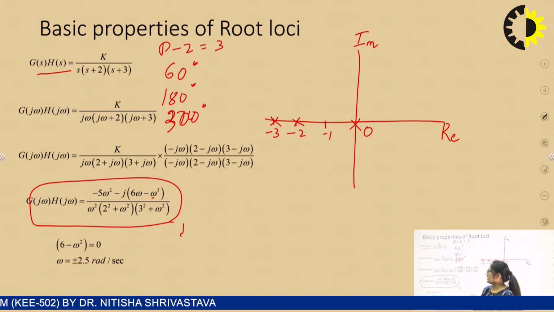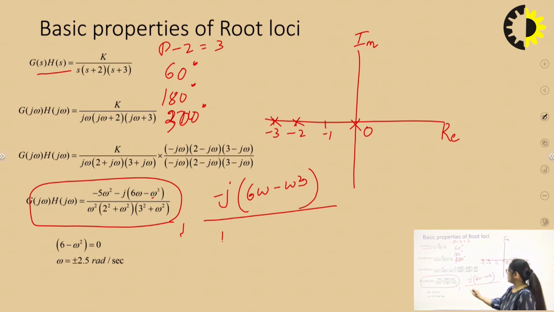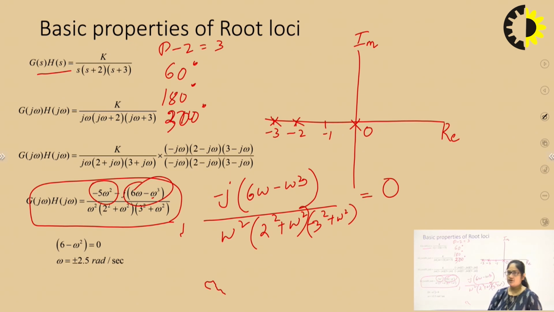To know where it intersects the axis, the imaginary part of the expression is minus j(6 omega minus omega cube) upon omega square into (2 square plus omega square) into (3 square plus omega square). This is the real part and this is the imaginary part of the expression.